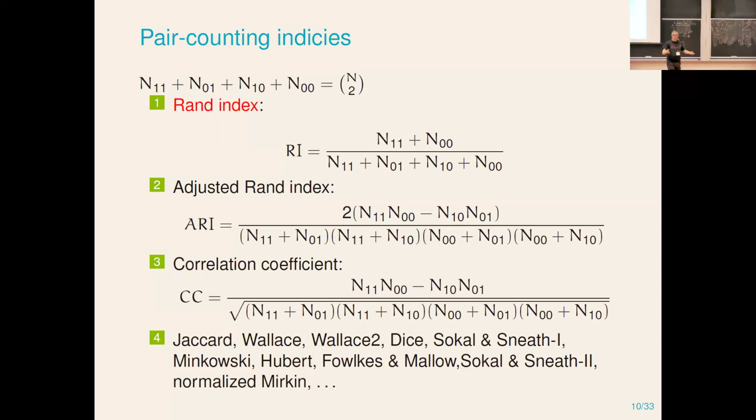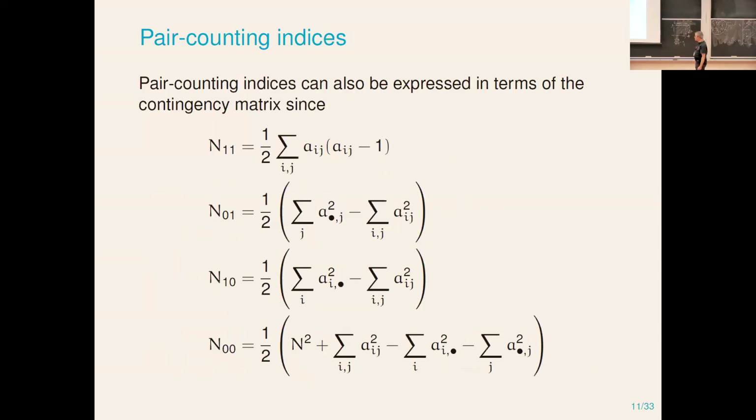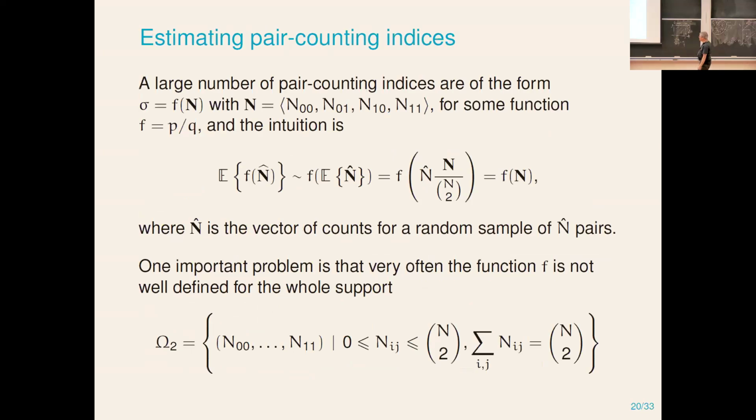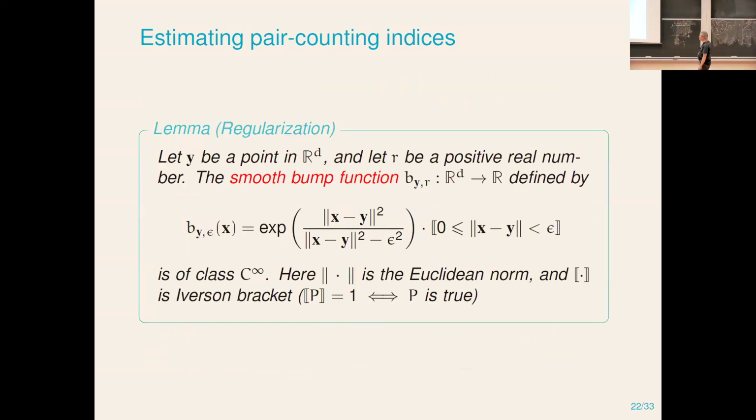And you can say, come on, you can exclude those cases. Yeah, you can exclude those cases and avoid comparing two clusterings where the denominator would be 0. But if you are doing random samples, how do you exclude that? That's a problem. So, the point will be that we do something called regularization.